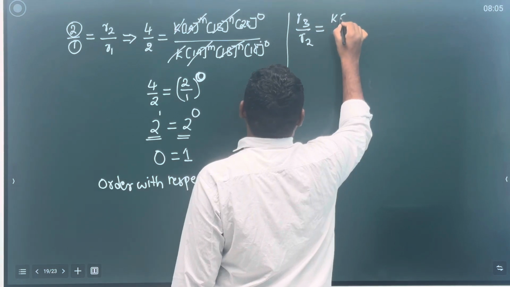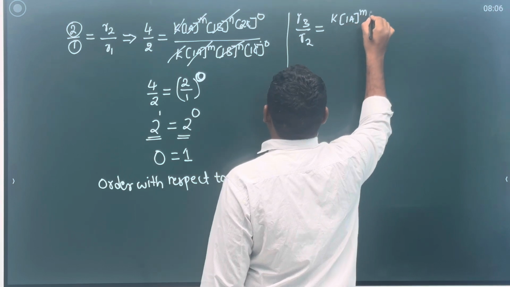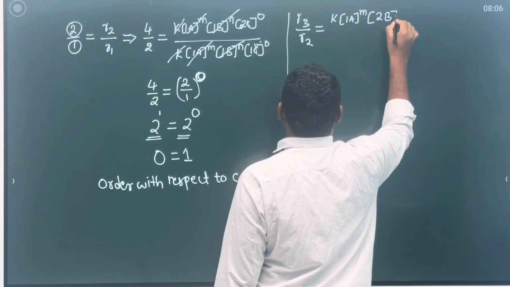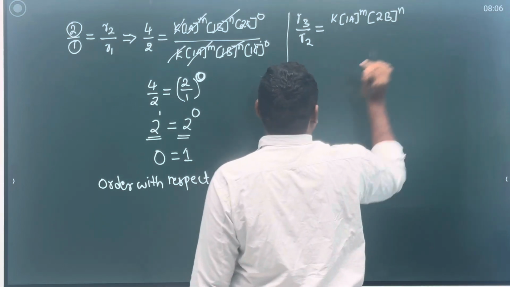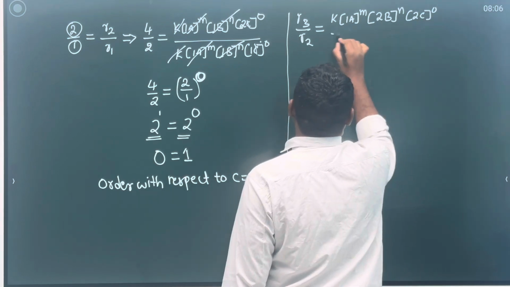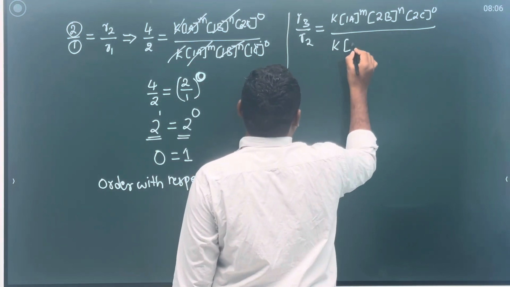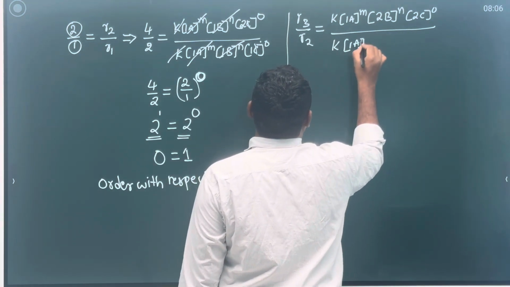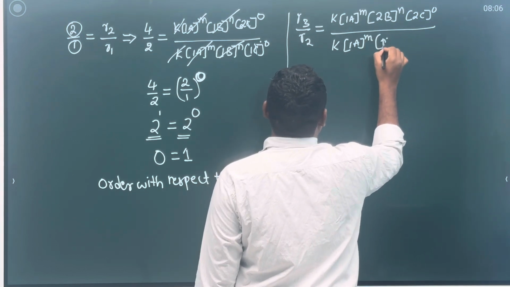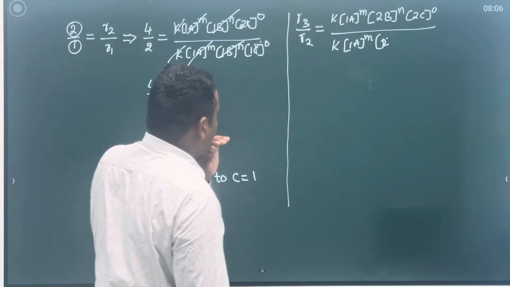K into 1A power M, 2B power N, 2C power O, by K into 1A power M, 1B, sorry, okay.